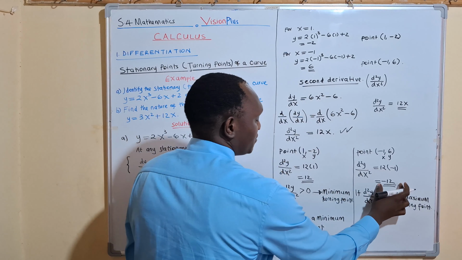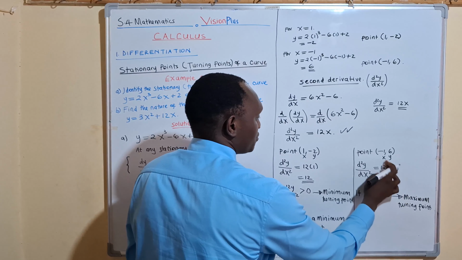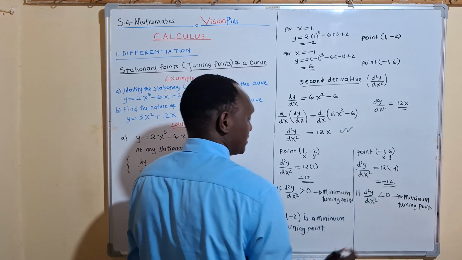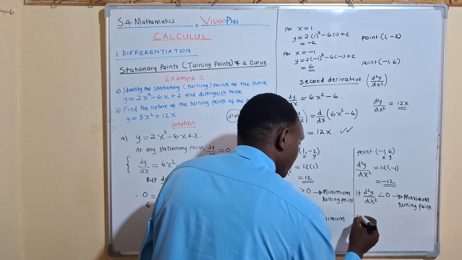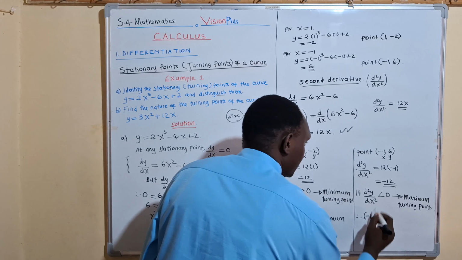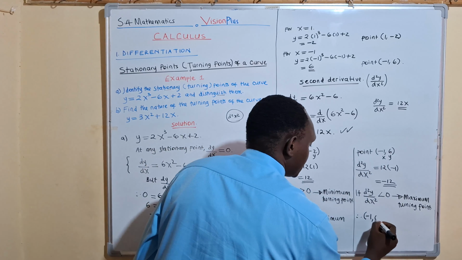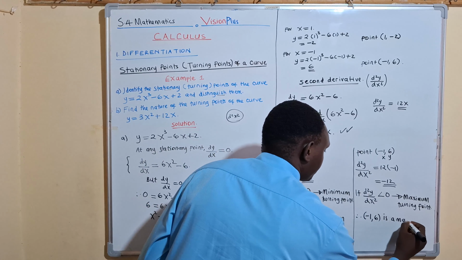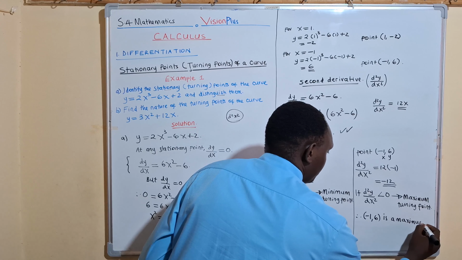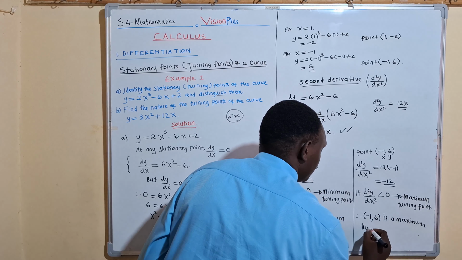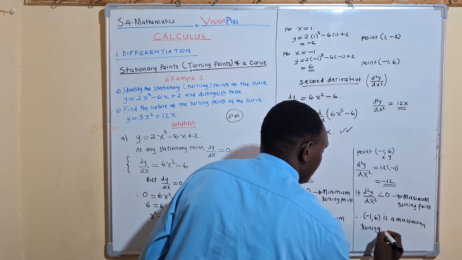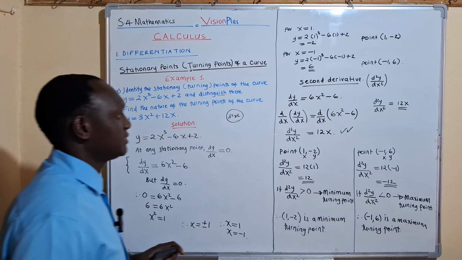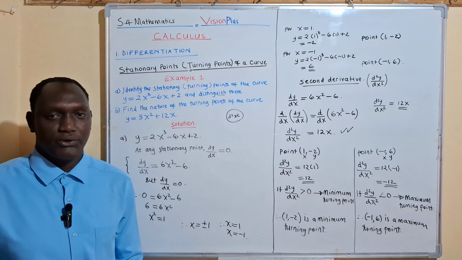If the second derivative after substituting for x is less than 0, it is a maximum turning point. Therefore, the point (−1, 6) is a maximum turning point.